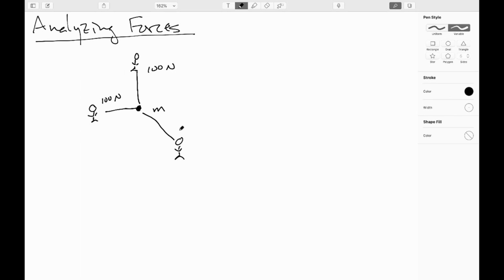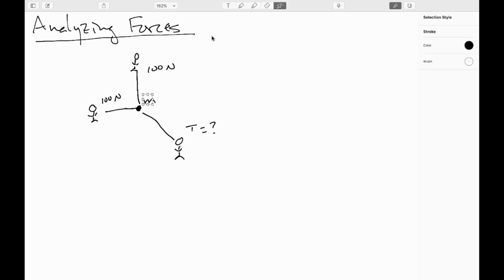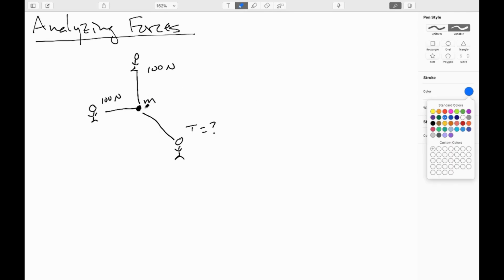What we want to know is how hard this person is pulling, so that'd be the tension, and also what angle relative to the horizontal should we be pulling at. And we know they'll be south of east just from common sense, but how many degrees?